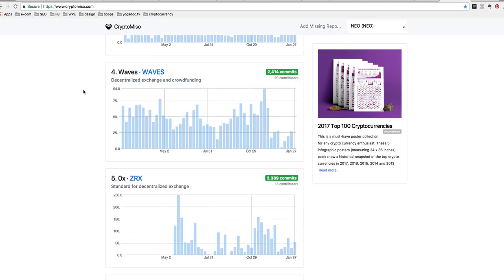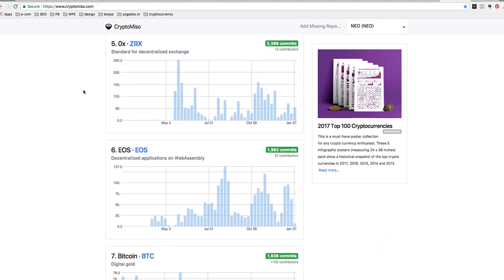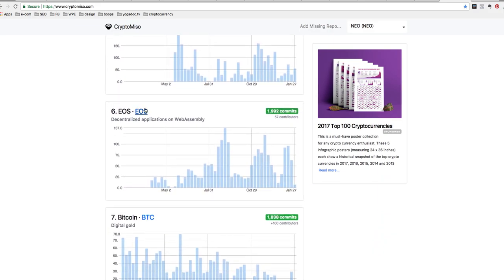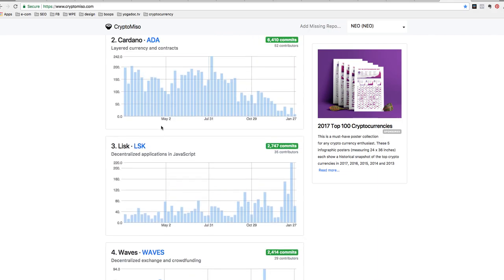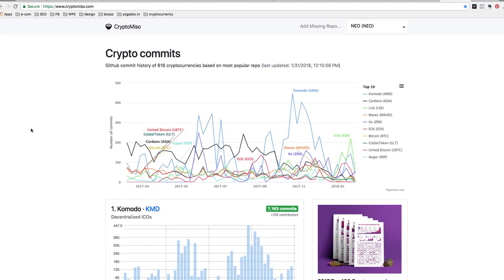So, for example, this put EOS on my radar. EOS was ranked number 6 on cryptomiso.com, and EOS is about decentralized applications, which are applications that run on multiple computers, so on the blockchain. So it's an Ethereum-like product.